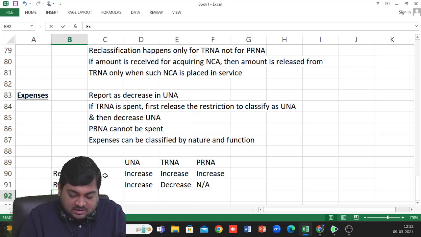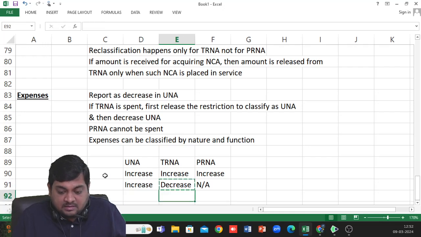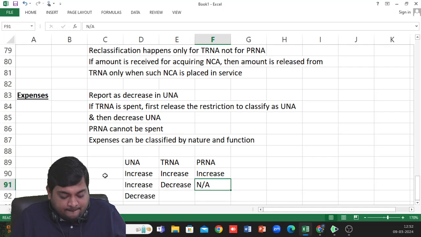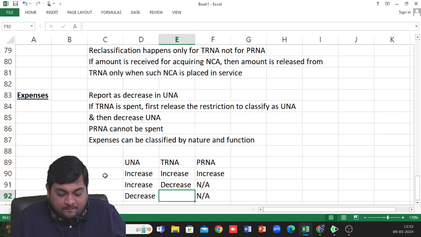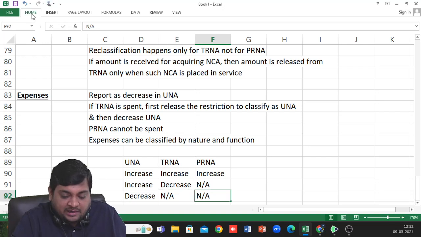If it is expenses, it is a decrease, and I will just mark it.